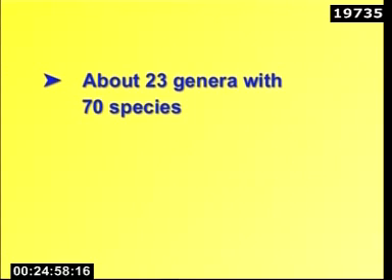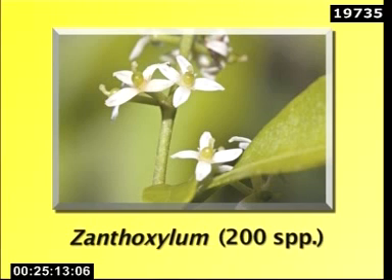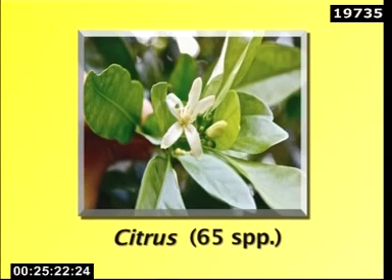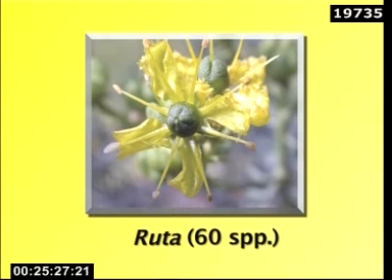About 23 genera with 70 species are found in India, with common examples such as Citrus, Aegle, Murraya, Feronia, Atalantia, etc. Xanthoxylum with about 200 species, Agathosma with about 180 species, Citrus with 65 species and Ruta with about 60 species are some of the largest genera.